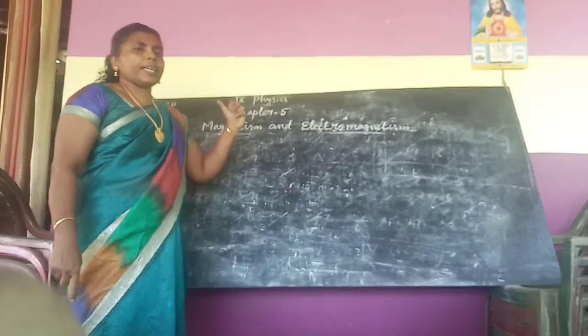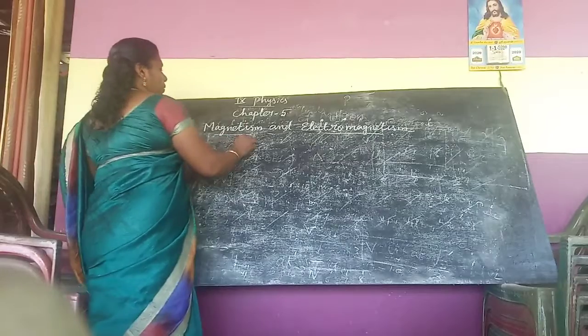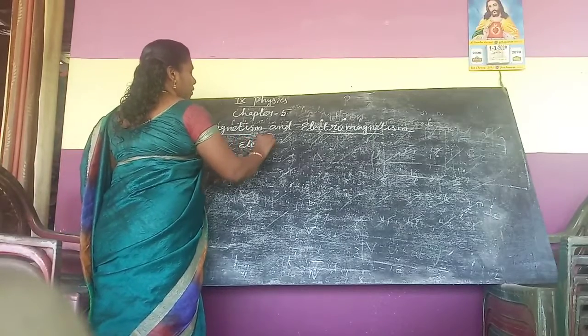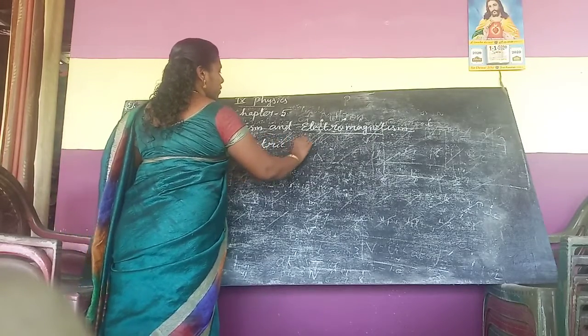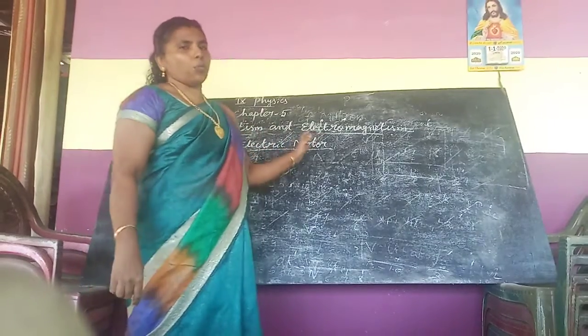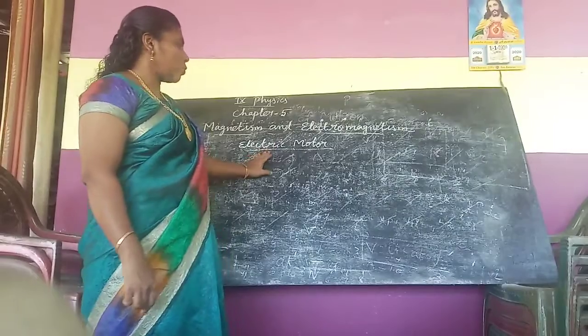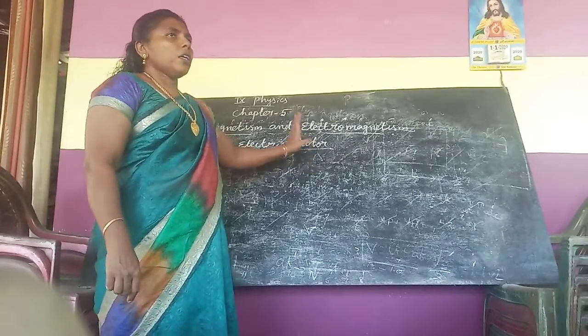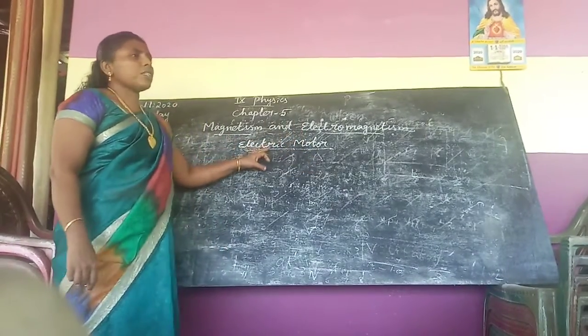Now, today we will learn about the electric motor. So electric motor or DC motor. DC motor means also you have to write electric motor. Now, what is the use of this electric motor?